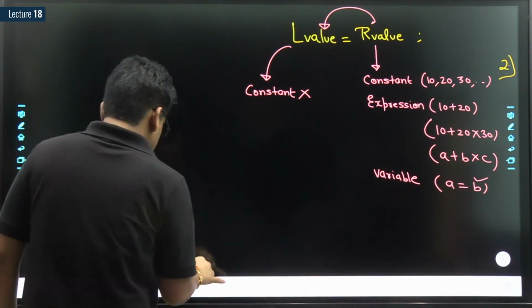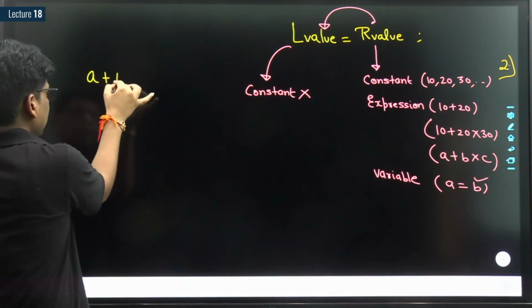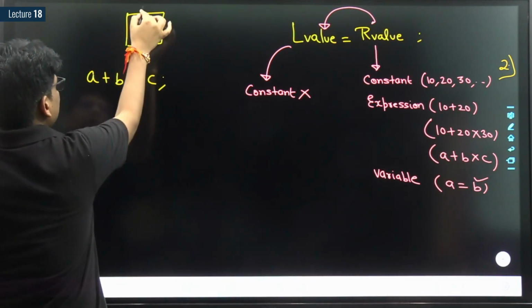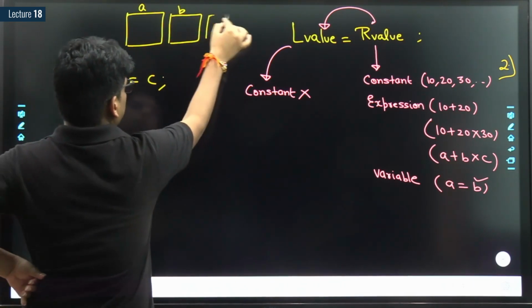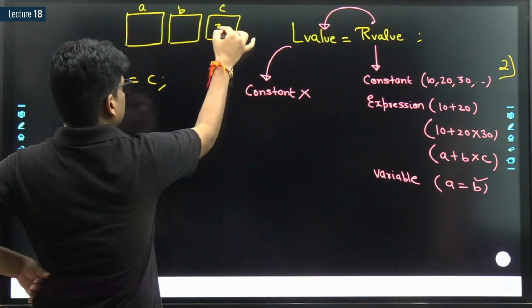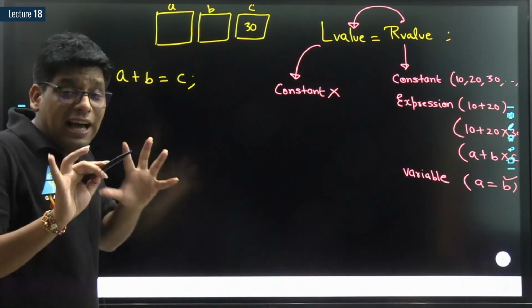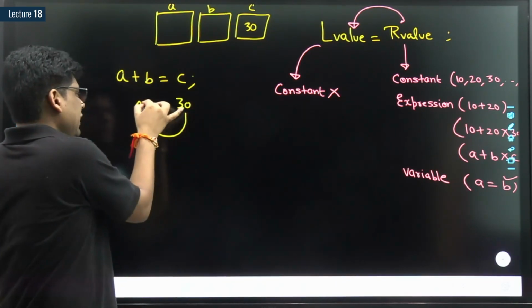Okay, sir. Can the L value be an expression? Let us suppose we have A, B and C. Sir, what is the meaning of this? Are we saying something like assign 30 to A plus B?